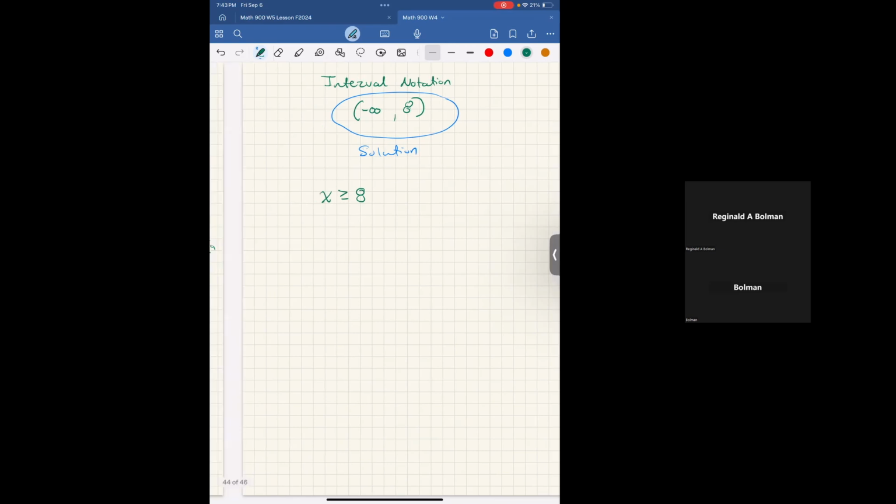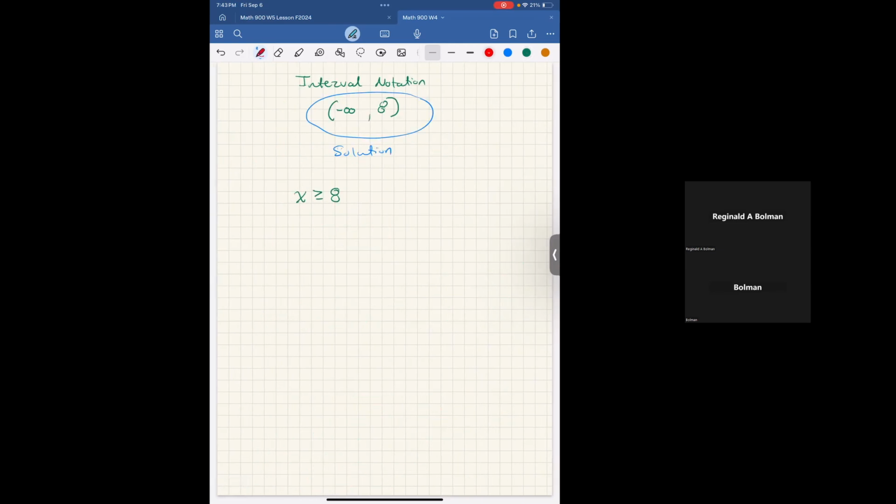How might we do this? Well, just as before, we are going to draw a horizontal line. And what I like to do is label negative and positive infinity. I like to put a 0 somewhere on my number line. And then somewhere beyond 0, like perhaps over here to the right, I'm going to label an 8 on my number line.